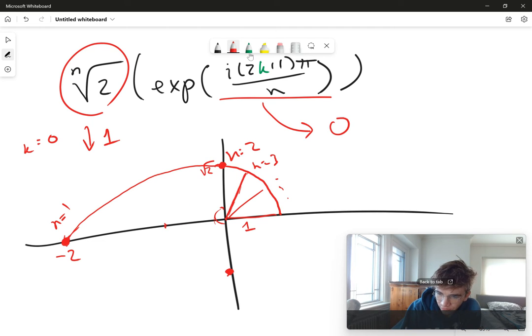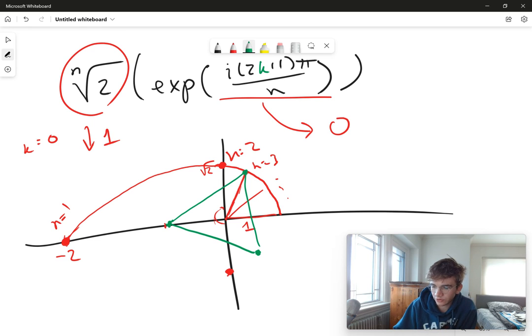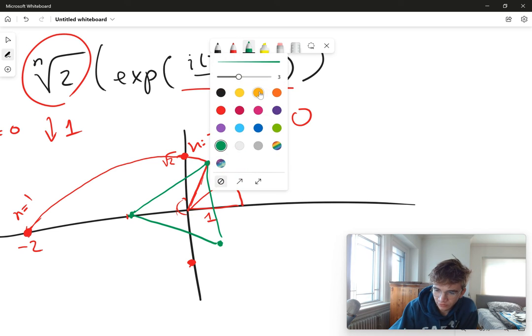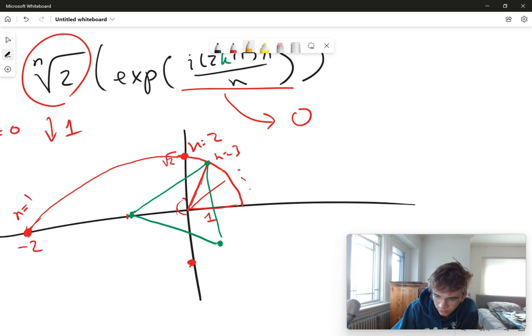And so I'm going to have, let's do n equals 3 in green here. I'm actually going to have 3 distinct roots, and it's going to kind of form a triangle. So this is my n equals 3 entry of my sequence. Then for n equals 4, I'm actually going to get 4 roots here.